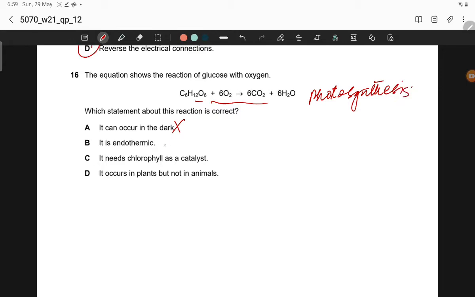It is endothermic. Yes, it is endothermic. It needs chlorophyll as a catalyst. It occurs in plants but not in animals. These are correct, but not in the context of this reaction.